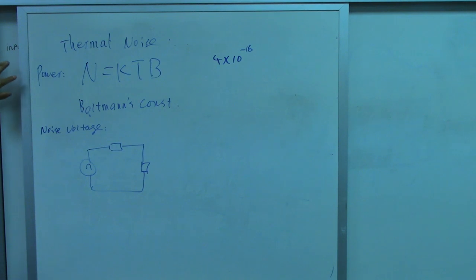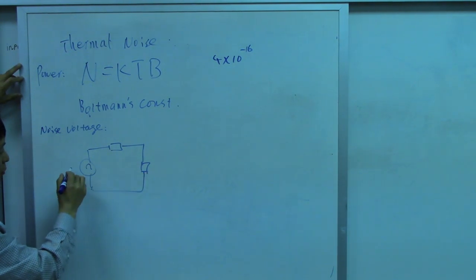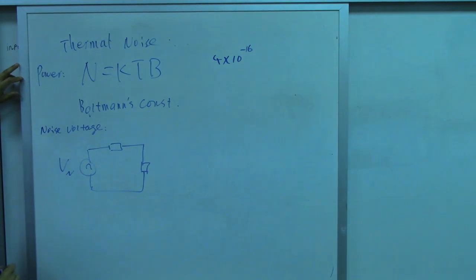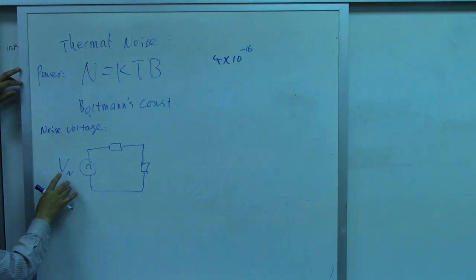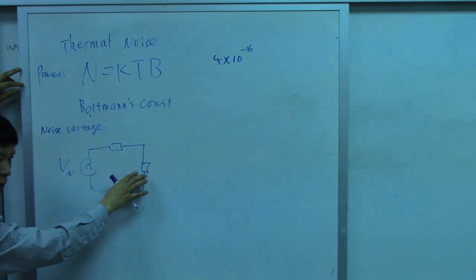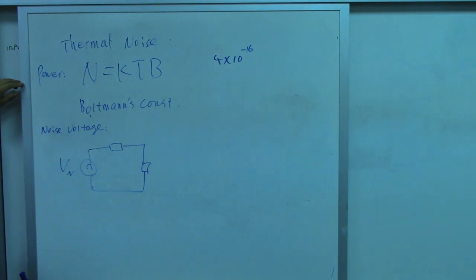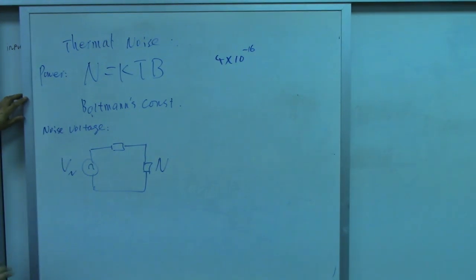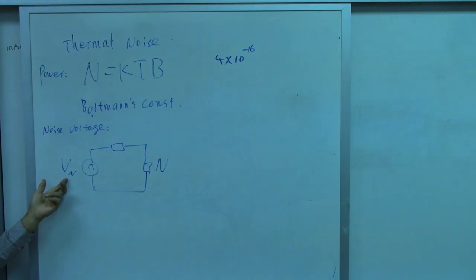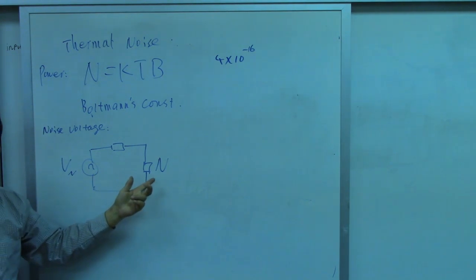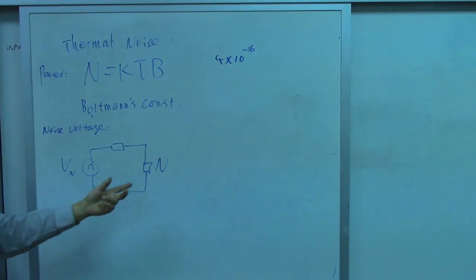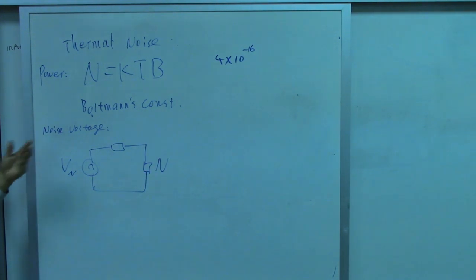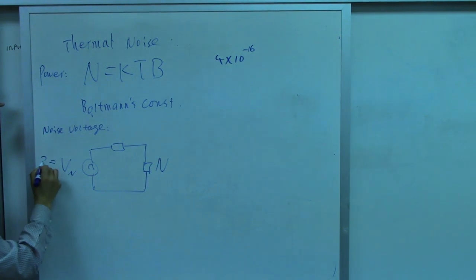Now, I consider equivalently, instead of the power here, we have some noise voltage here. It is this noise voltage that applied to the load, the noise power. So this power here gives us the power as this one here. But I just consider there's some noise voltage here as the source applied to our system this power. So this power is the same, but it is from a noise voltage. I want to know how large is this voltage.